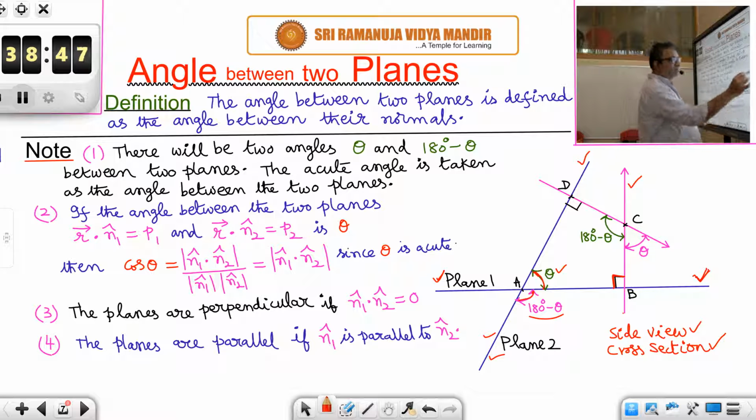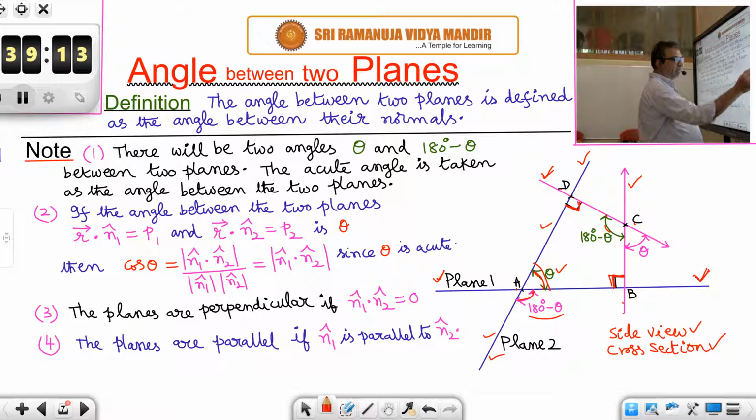Similarly, to plane 2, this blue line, I am drawing a perpendicular vector in the same pink color, here at 90 degrees. So this vector is the normal vector to plane 2. This angle is 90, this angle is 90. Suppose this angle is theta. So in the quadrilateral ABCD, what will be the remaining angle?